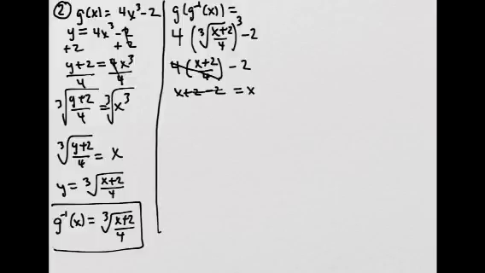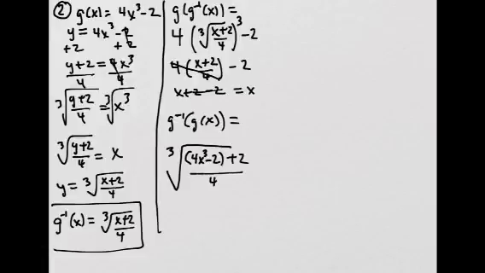And so we do the other direction, g inverse of g of x. And so we start off with cube root, and then this in parentheses is the x, so I'm going to put in 4x cubed minus 2 plus 2, all over 4.